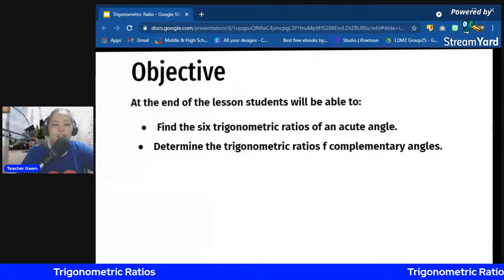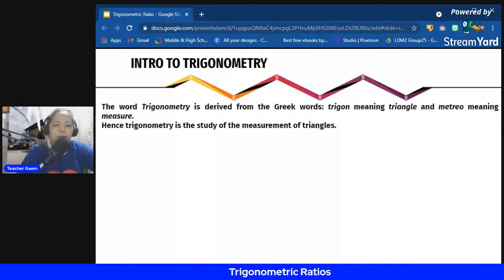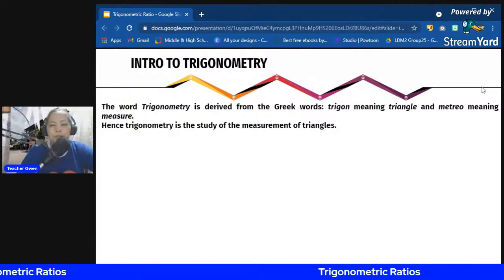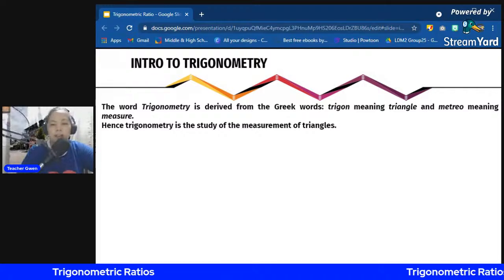Introduction to trigonometry. The word trigonometry is derived from the Greek word trigon, meaning triangle, and metrio, meaning measure. Hence, trigonometry is the study of measurement of triangles.